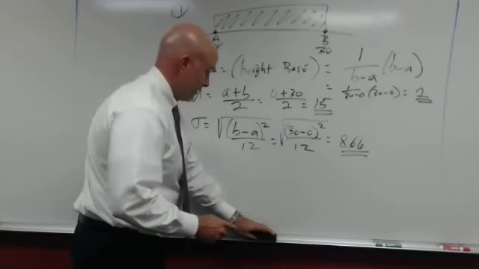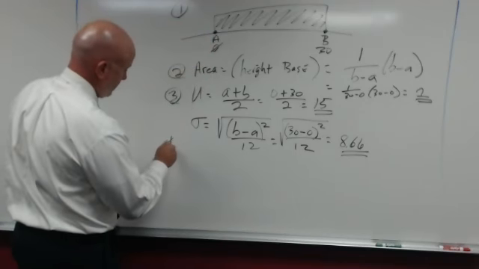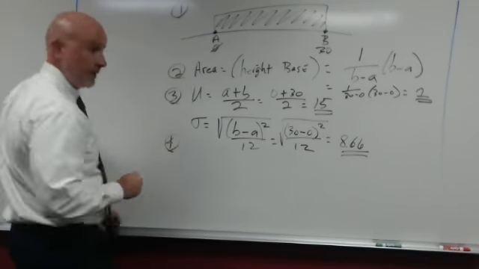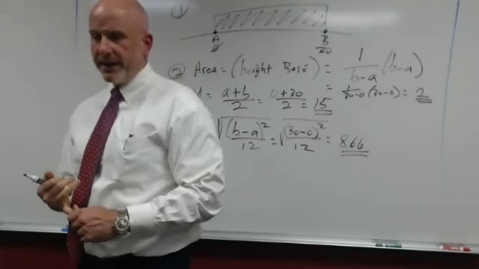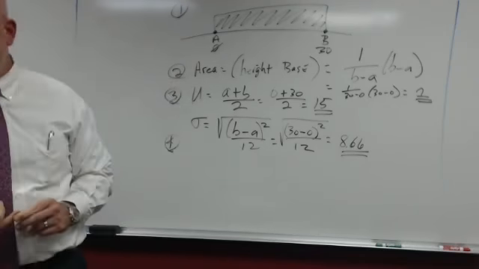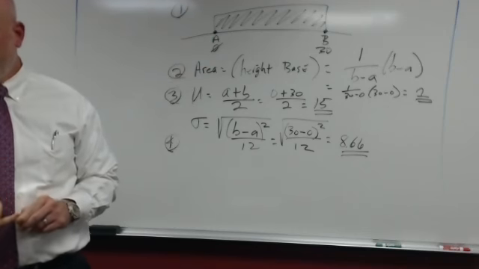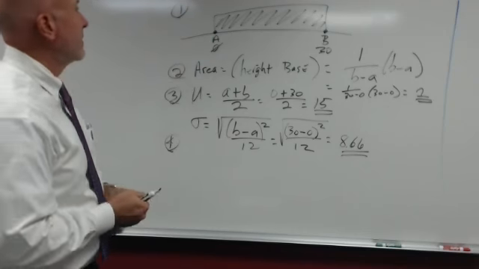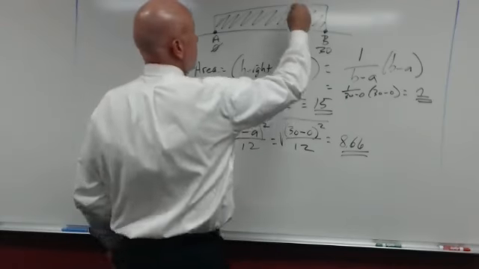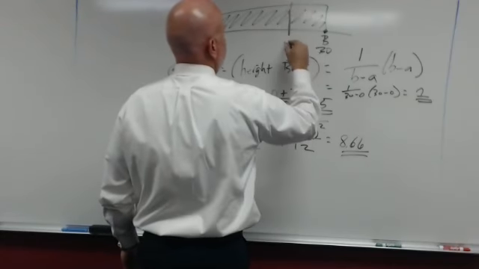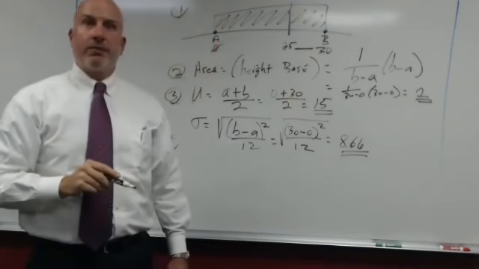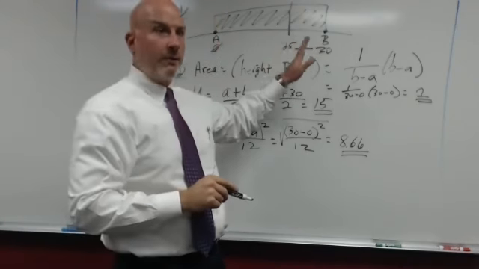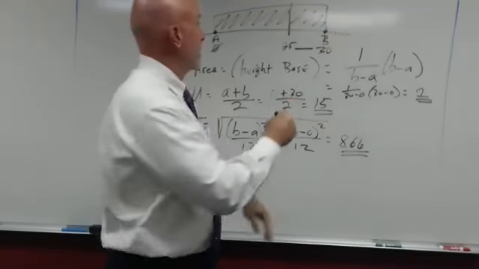Now, in question 4, you'll have a homework problem like this. And question 4, what's the probability that a student will wait more than 25 minutes? So in this example here, if this represents 25 minutes, I'm trying to say what is the probability that a student will wait within this range?